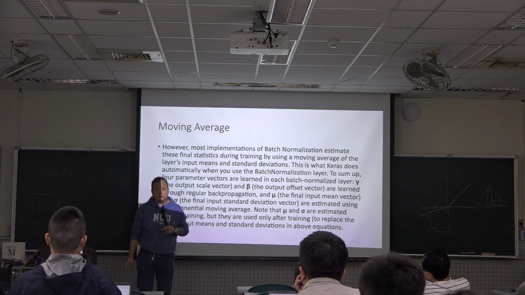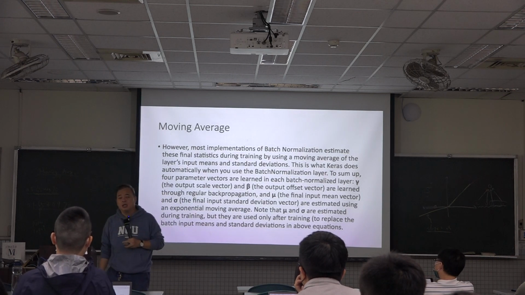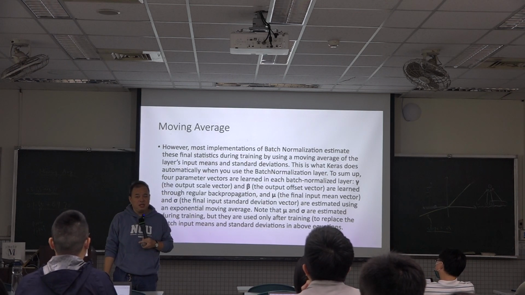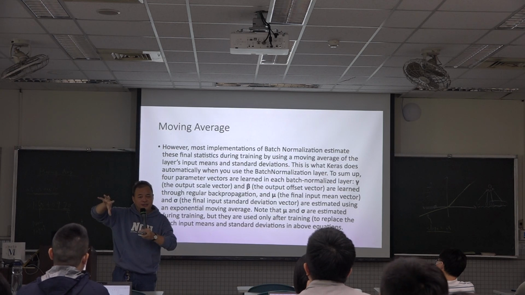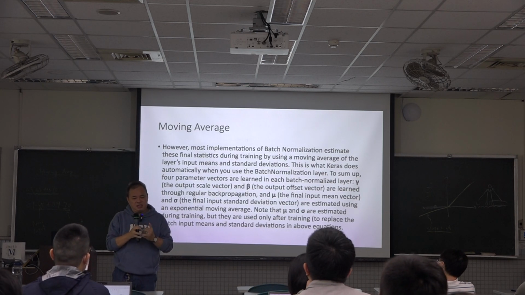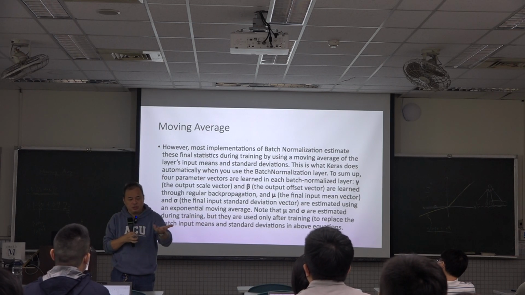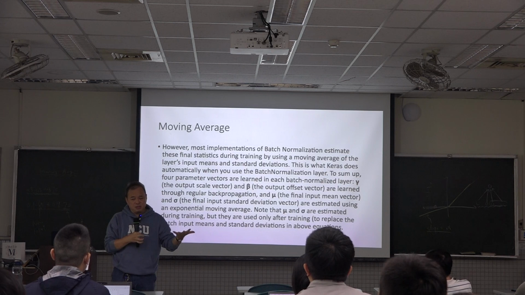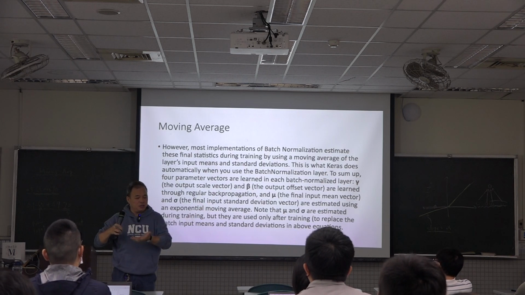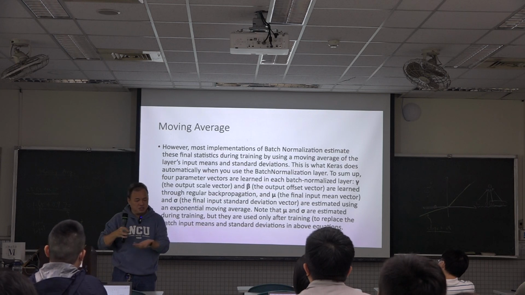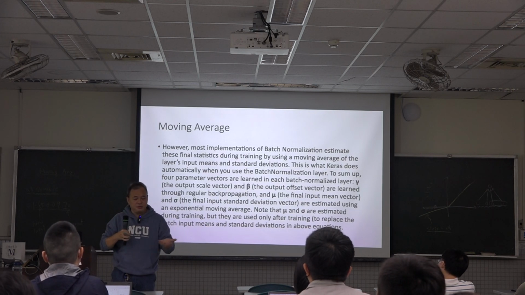Okay, it's called moving average. Basically, you have an estimate for the whole class, and in the next step, you get some samples from this population and have a new estimation. Then you do a linear combination of these two values.